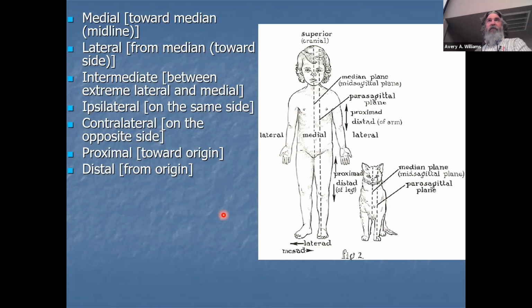For example, your stomach would be distal to the esophagus, but at the same time, your stomach would be proximal to your small intestine. Does that make sense? And the distal-most portion of the alimentary canal, you could say, would be the rectum. Or the proximal-most portion would be your oral cavity or buccal cavity, or your mouth.